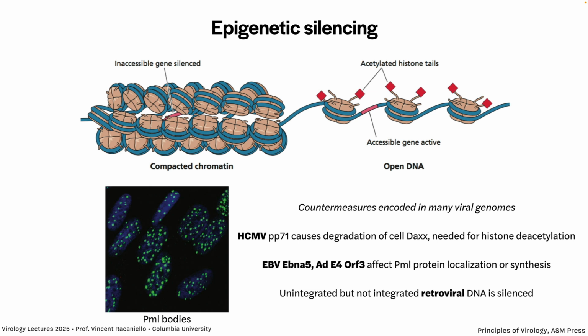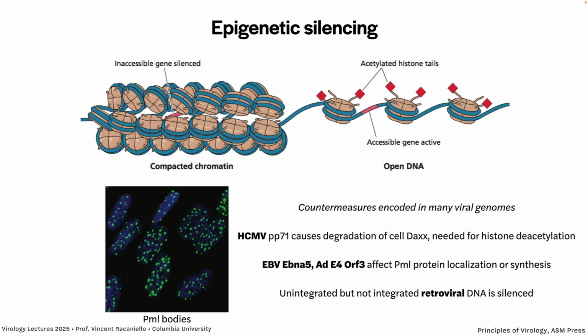And so chromatinizing a DNA is a good way to shut off its transcription. So when viral DNA gets in the nucleus, it's immediately chromatinized and it's silenced. Now, the way you get transcription is by modifying the histones. And here we're showing acetylation, which makes the DNA open and accessible to transcription.